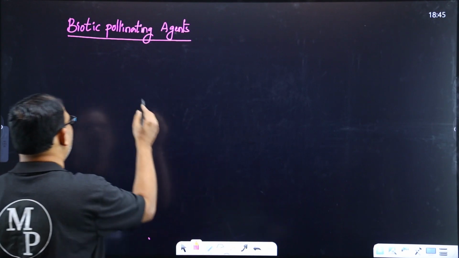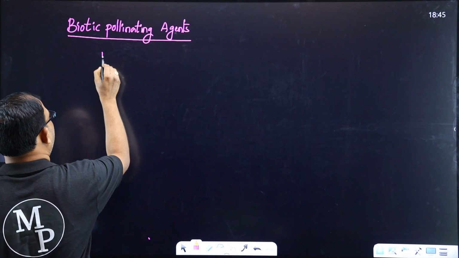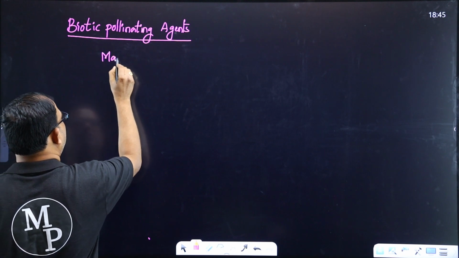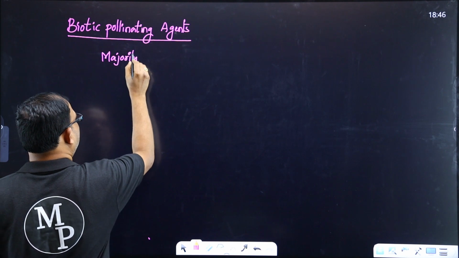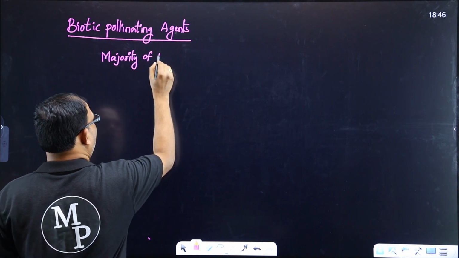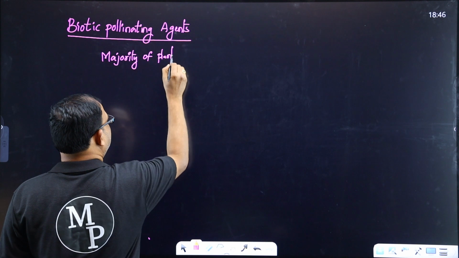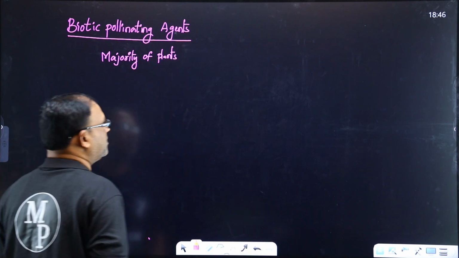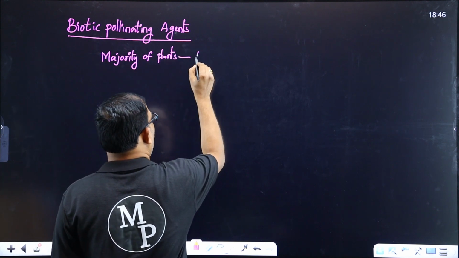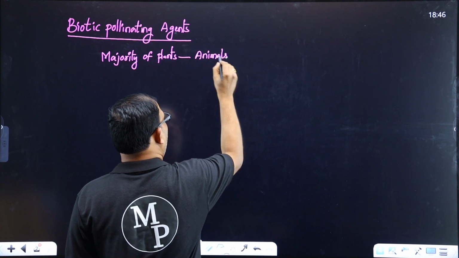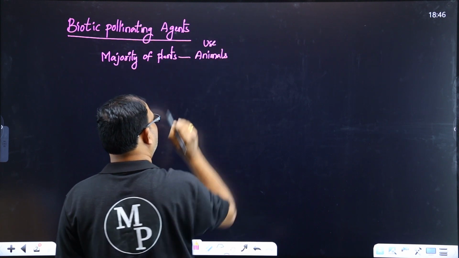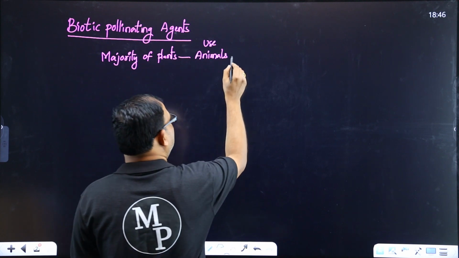Animals. So majority of the plants, this line is there in NCERT, important. Majority of the plants use animals for pollination.